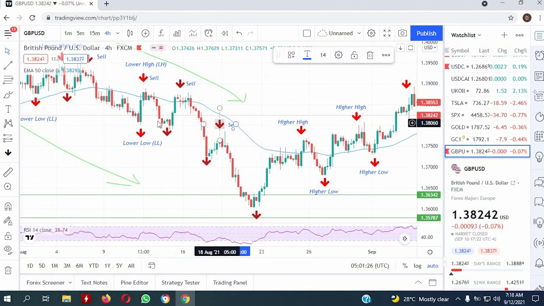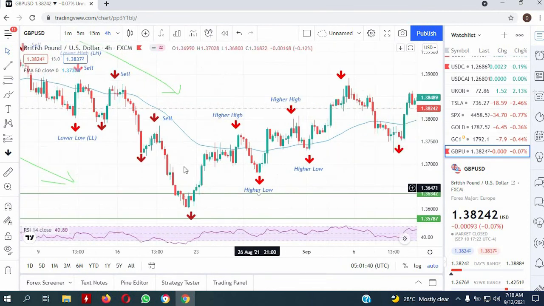Then it came back to challenge the last lower low, couldn't make it past the last lower low, so it had to push further down. And then something else is starting to happen.